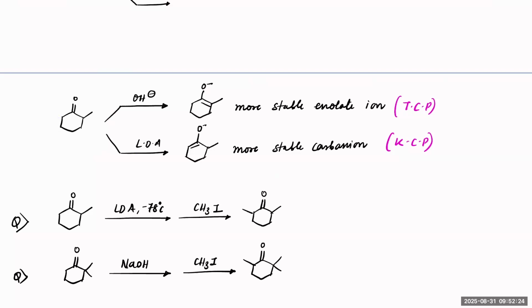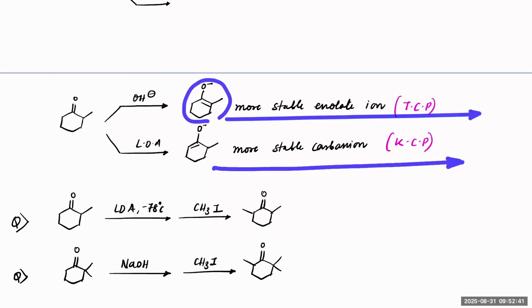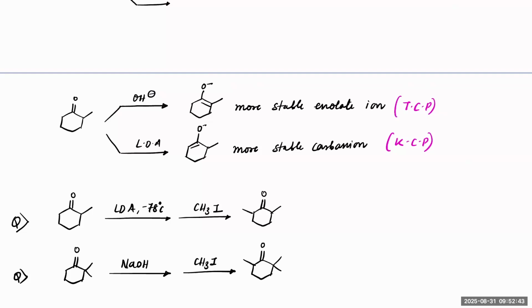So here, the more stable carbanion is here because it is 2 degree. OH minus will take H plus from here because it can form the more stable enolate. See, enolate is the direction of product, correct? Product will go in this direction. Carbanion is the direction of the intermediate, correct?